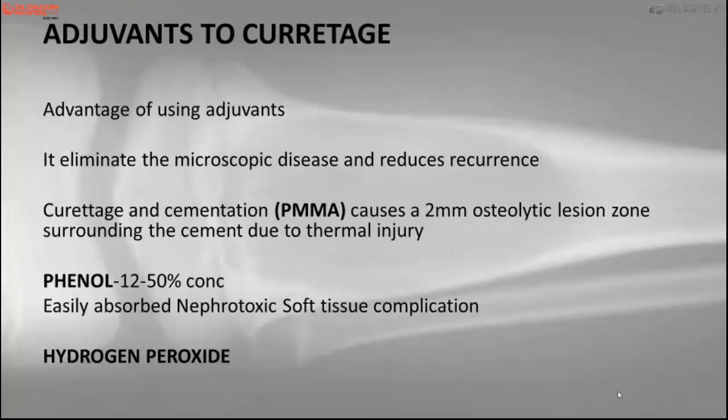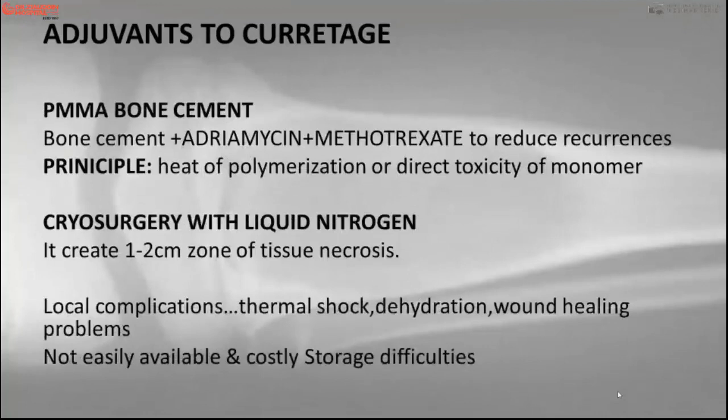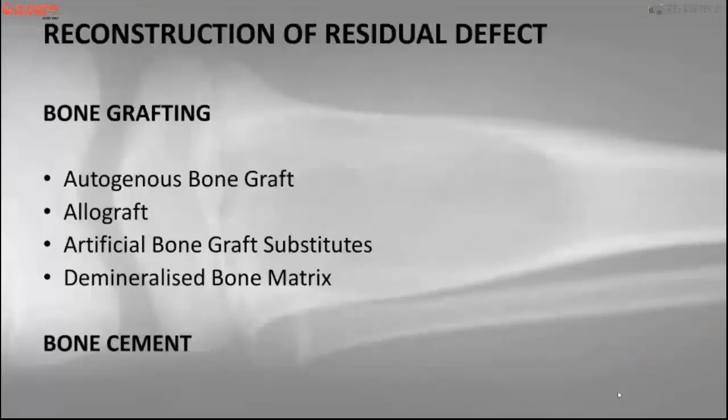Bone cement causes a 2 mm osteolytic zone surrounding the cement due to thermal injury. Phenol and hydrogen peroxide have also been used. Bone cement with adriamycin and methotrexate is used to reduce recurrences. Bone cement, again, can be used and has good results.